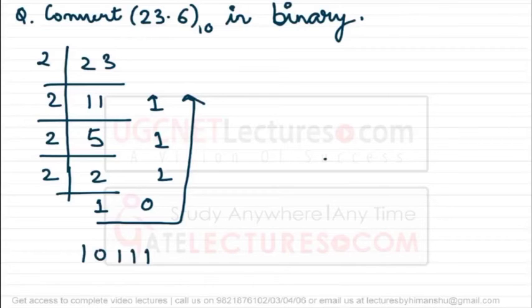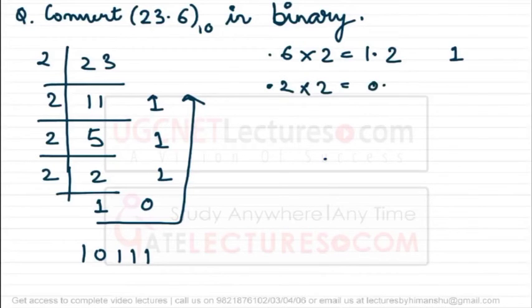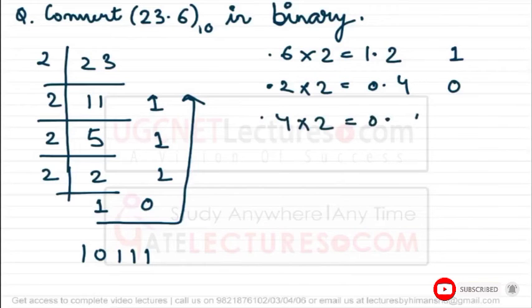Now come to the fractional part, 0.6. We multiply this by 2. What are we going to get? 1.2. So what is the integral part? 1. Then you multiply 0.2 by 2. What are you going to get? 0.4. The integral part is 0. Then you multiply 0.4 by 2. You get 0.8.